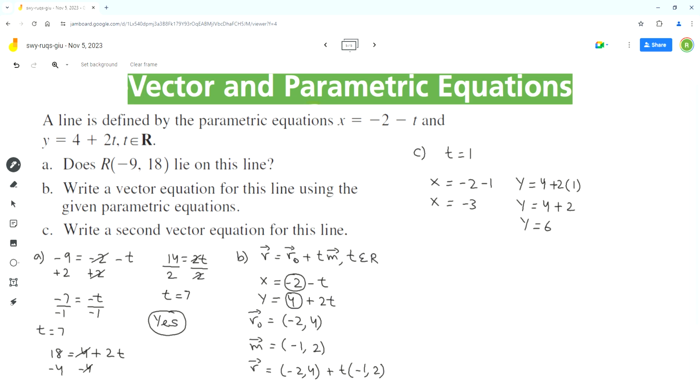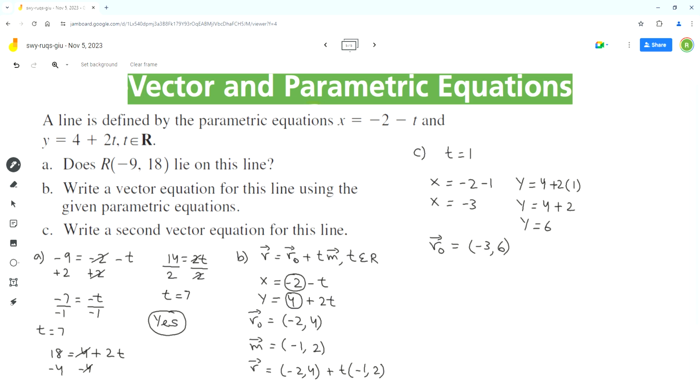So another point that lies on this line is -3, 6. So the position vector of another known point on this line is -3, 6.